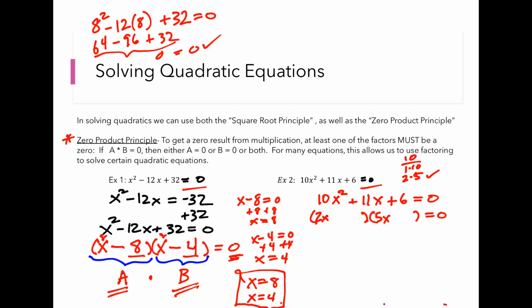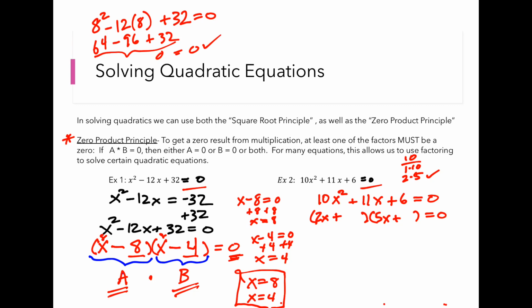Looking at my signs, I've got a positive 6, and I have a positive here. So that tells me it has to be a positive and a positive sign here. If my last term, my C value there, is negative, then I know it has to be plus and minus to get a negative.